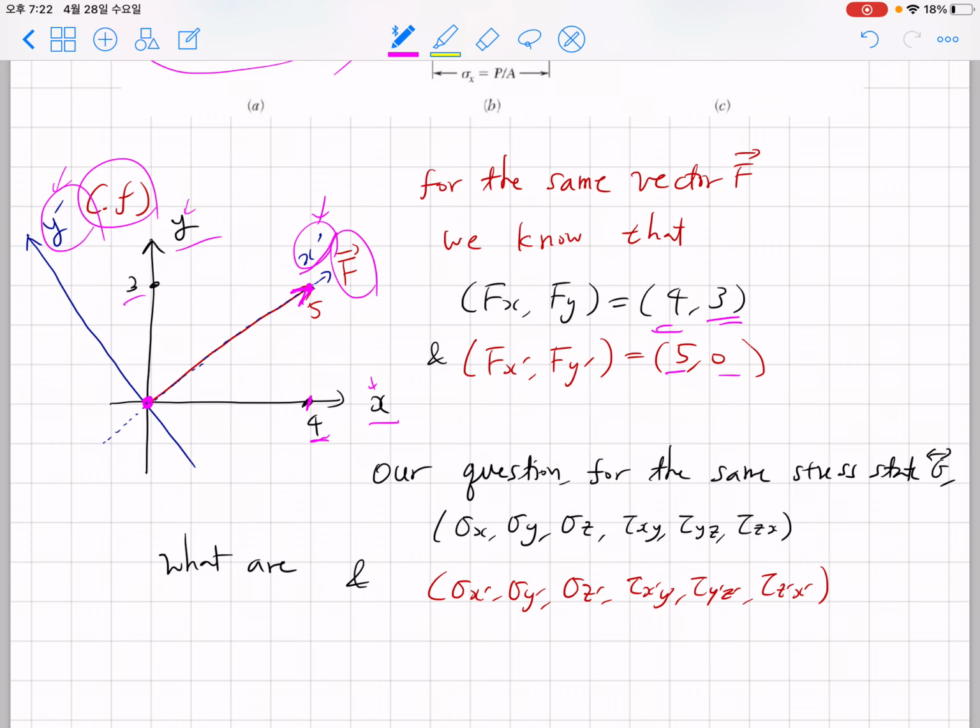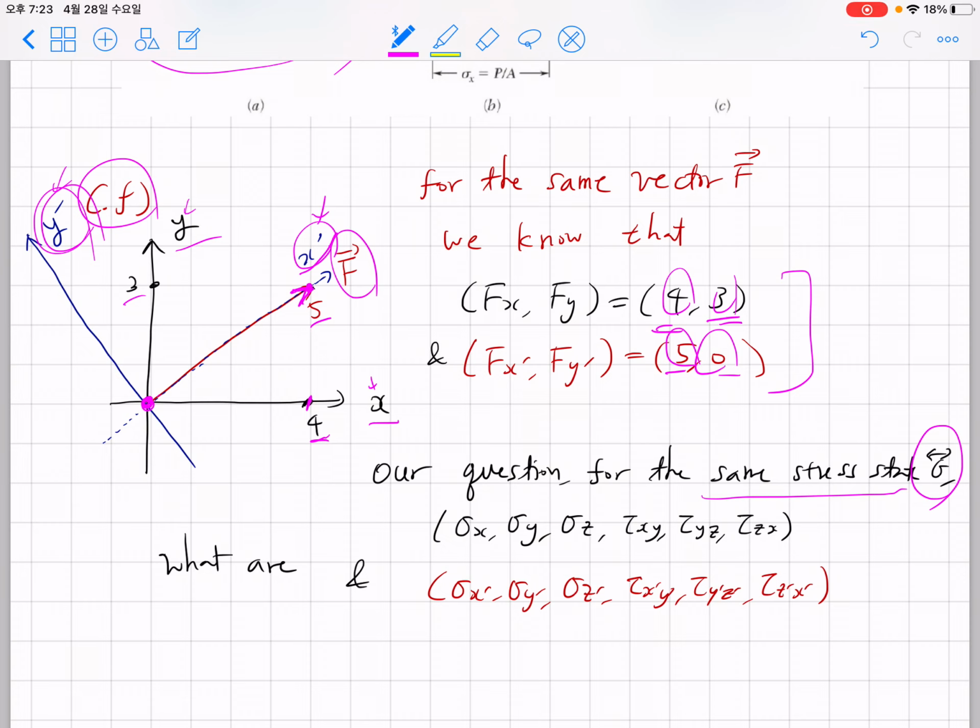Along x prime, its length is 5, and along y prime, the projection of F is zero. What this indicates is that even though we are describing exactly the same quantity, a vector F, depending on the coordinate system, our reading can be different. And we can imagine a similar thing for exactly the same stress state.